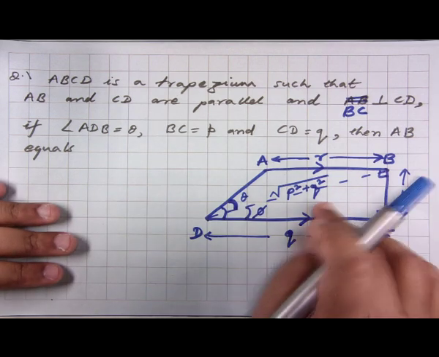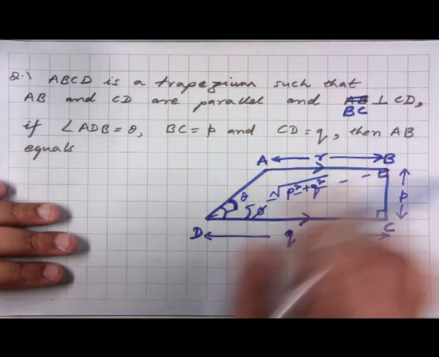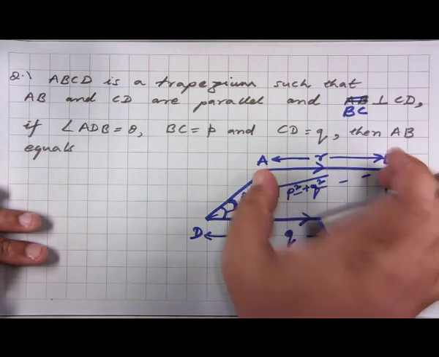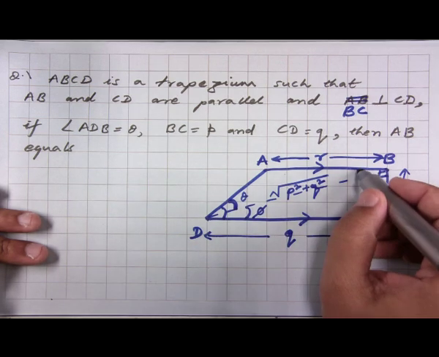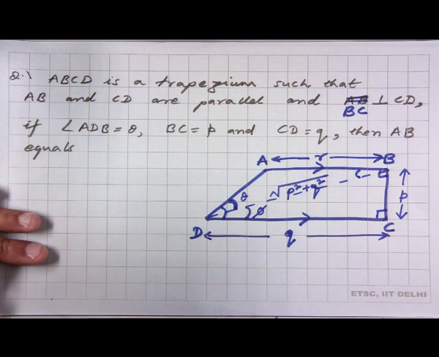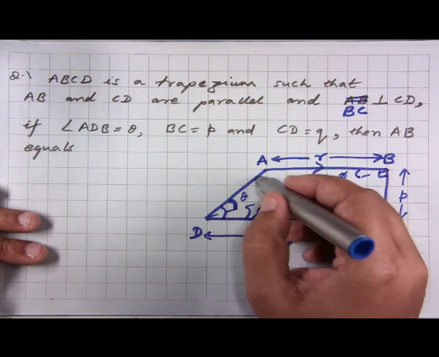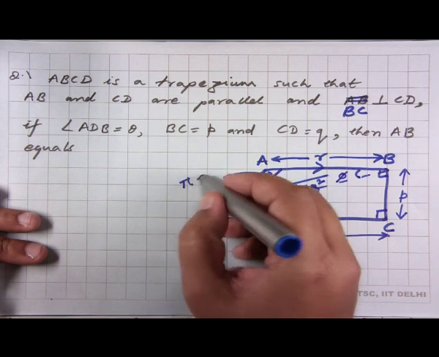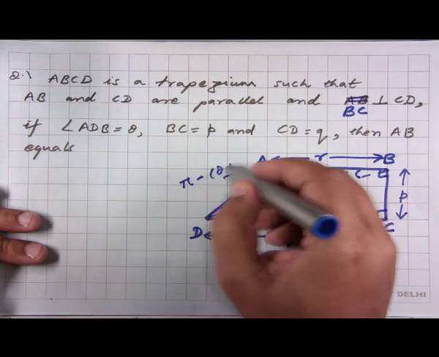So, let us now consider the triangle ABD, and because this side AB and CD are parallel, it follows that this angle ABD is also equal to phi, and therefore, this angle DAB is equal to pi minus (theta plus phi).